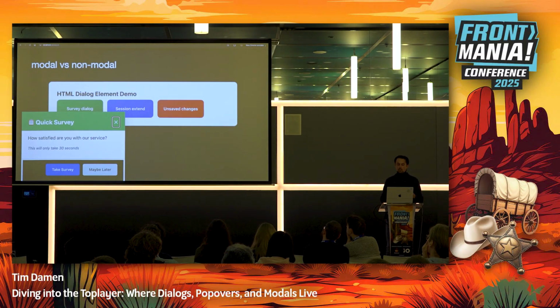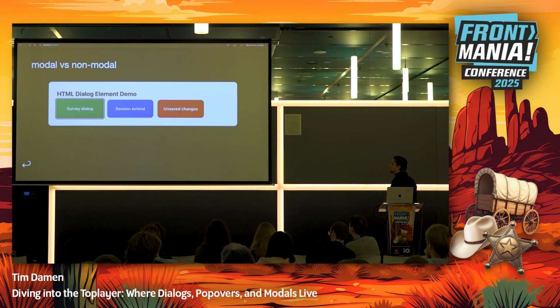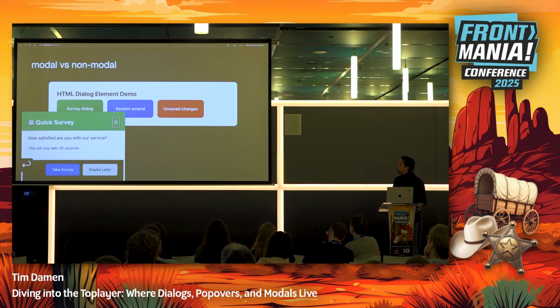And this is a non-modal dialog. This is an example of non-modal dialog. It's kind of similar to what I showed already earlier. And what is nice that you notice, oh, I cannot close it with escape. I need to close it with the button. What do we notice? So when I open this, this is an implementation with the semantic dialog element. When the dialog is open, the first interactable element is focused automatically.